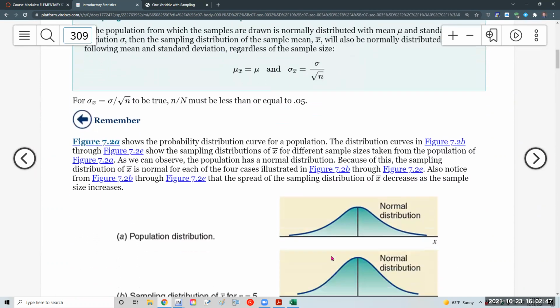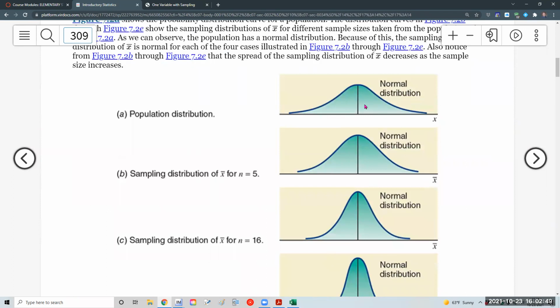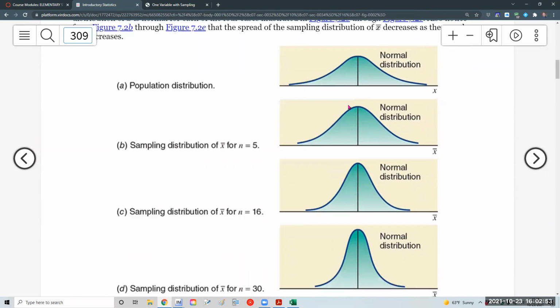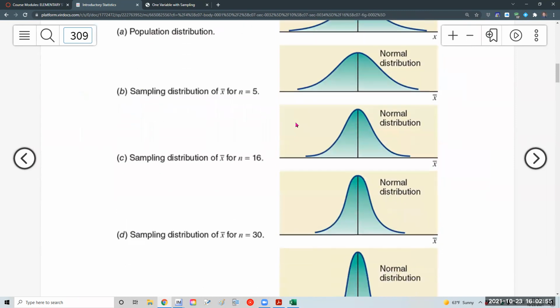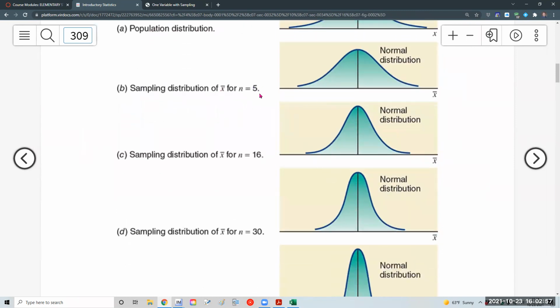Okay, so that's no big deal, right? If your population is normal, then your sampling distribution is also going to be normal, no matter what your sample size is.